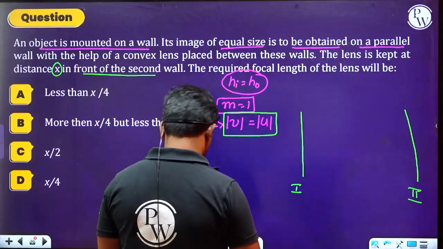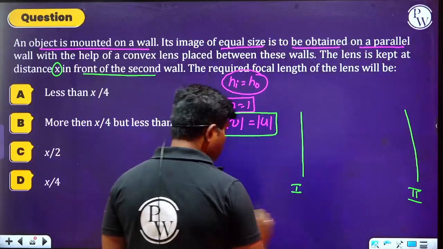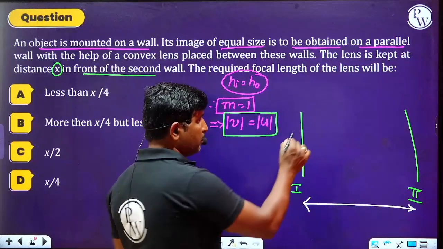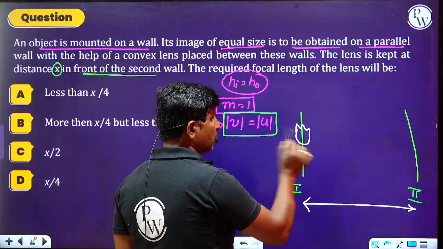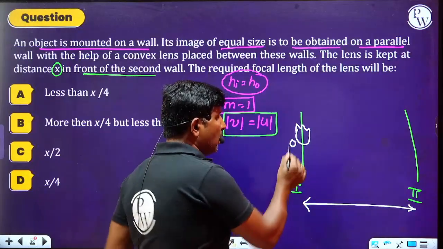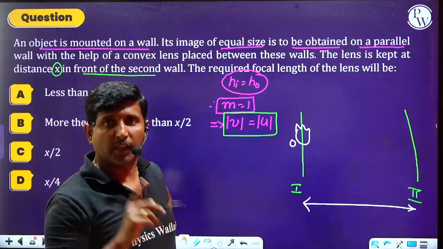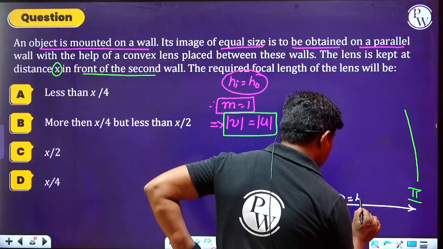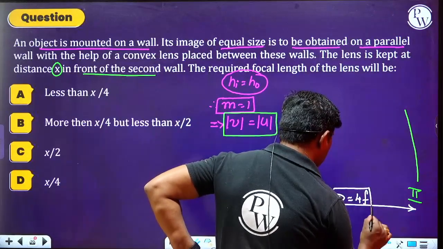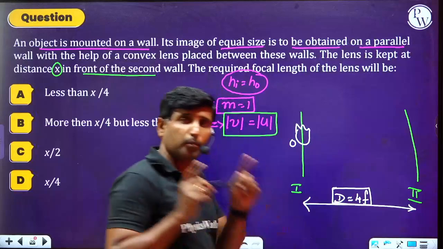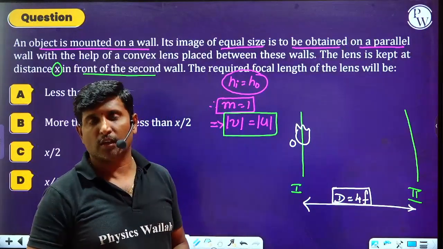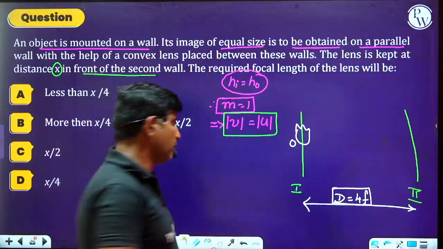This is the object, and to get a clear image, the distance between the object and the screen must be equal to 4f. That is the condition to get a clear image of an object.